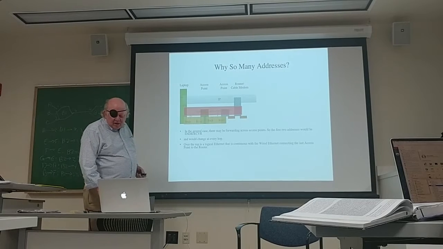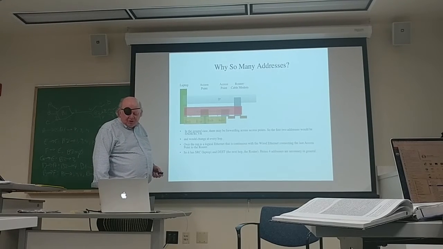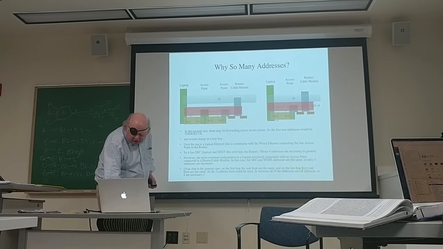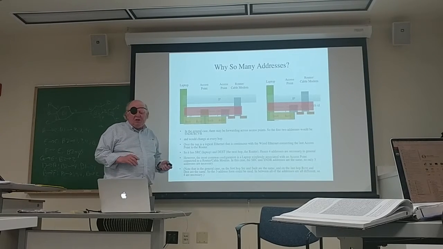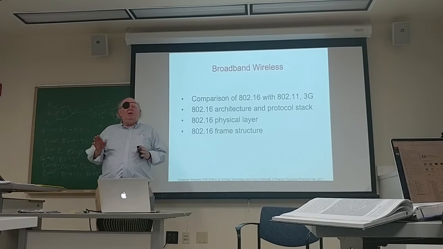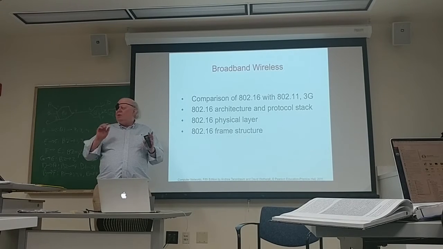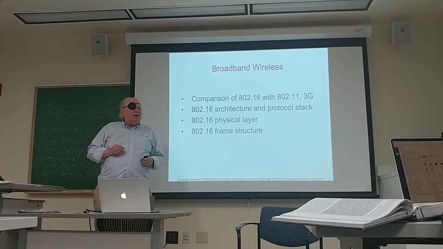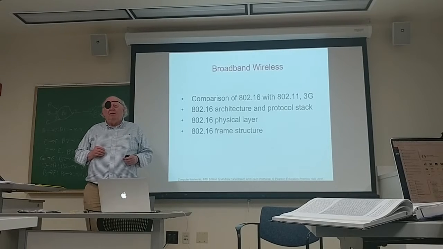I'm going to skip over the 802.16 stuff because that's really not terribly interesting. It's the kind of thing you might use in rural areas. For example, I think for a while my brother got his internet access from line of sight off the top of the grain elevator in town.